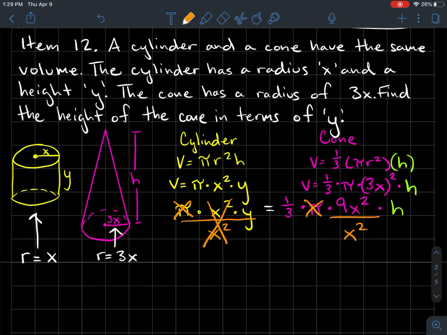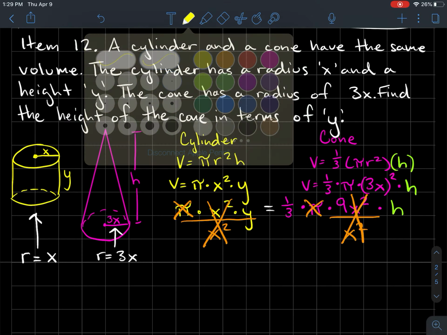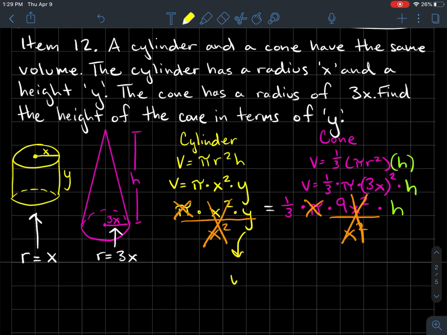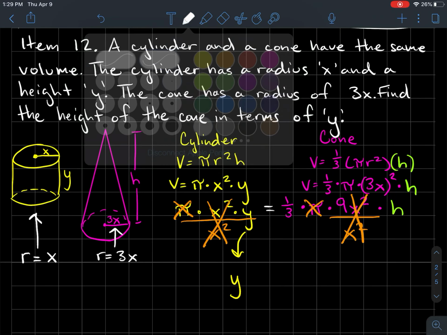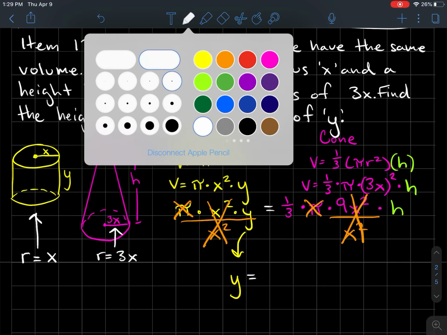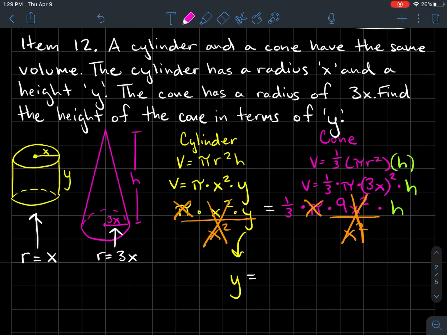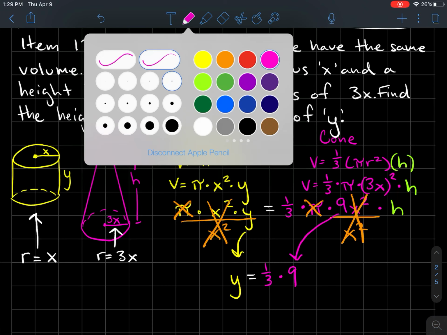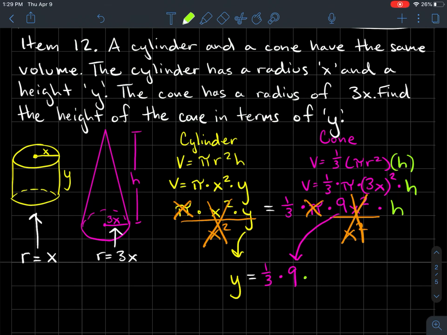What cancels out? My x squared. So now on my left-hand side, we're going to clean it up. We have y, and it's going to be equal to something we have not touched yet, the 1/3. We still have this 9, right? So we're going to multiply this by 9, and we're almost there to isolate our h.